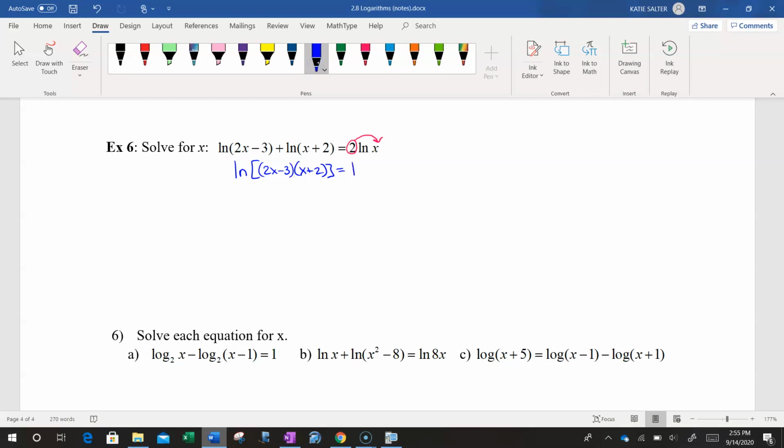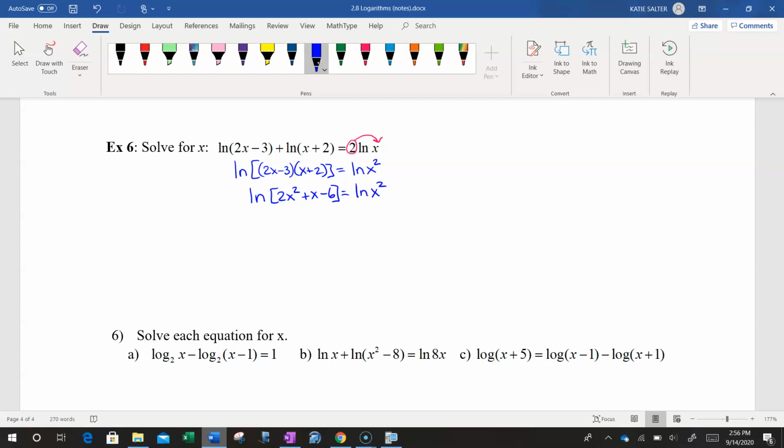So this is going to be the natural log of x squared. So when we clean that up and multiply those binomials, we're going to have the natural log of 2x squared, negative 3x and positive 4x gives us plus x minus 6 equals the natural log of x squared.